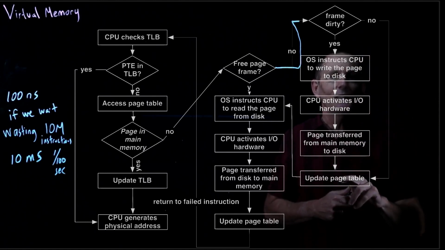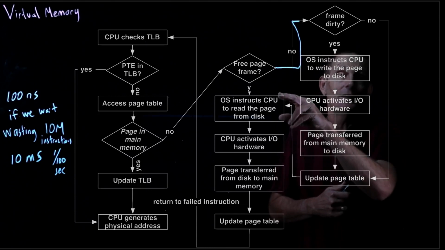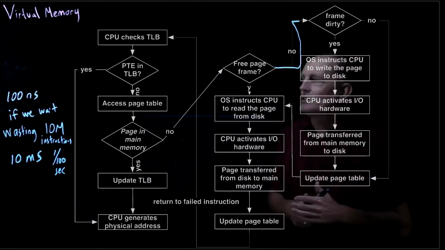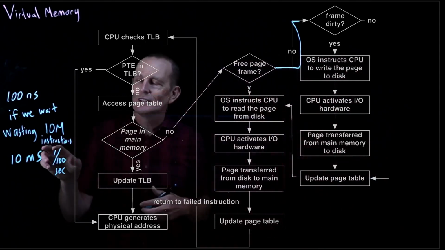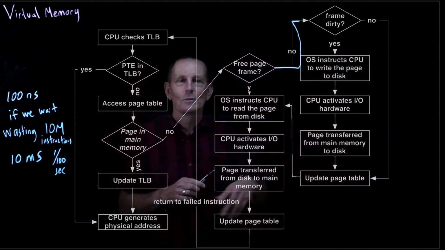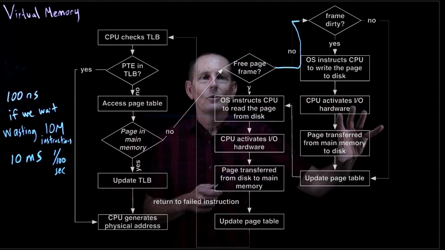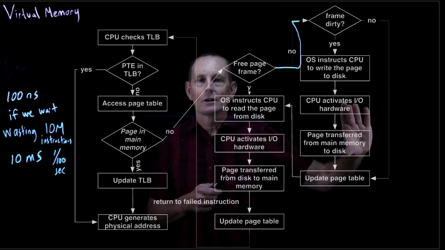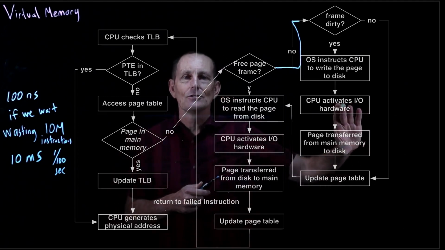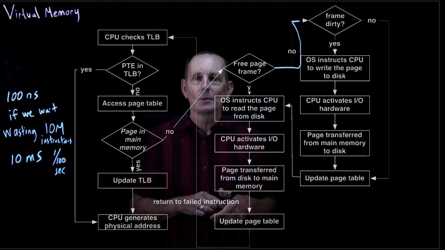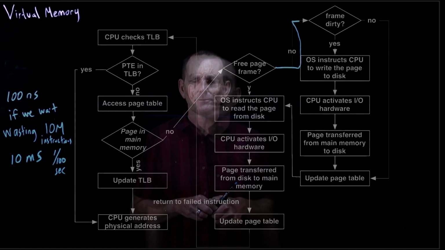We will then at that point update the page table and then go in and again go to disk and read the page we're trying to load into memory. So now all of a sudden we have not 10 million instructions, but like 20 million instructions, because we've got to wait here and then we've got another wait here. So again, during this time as well, we are going to be letting other processes run. This process is going to be sleeping, waiting for its I/O to complete.